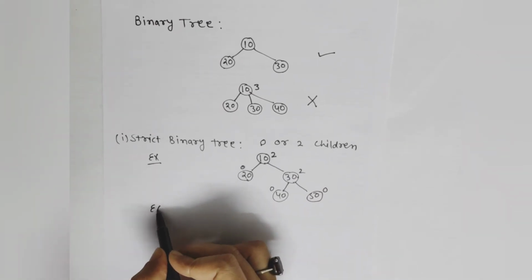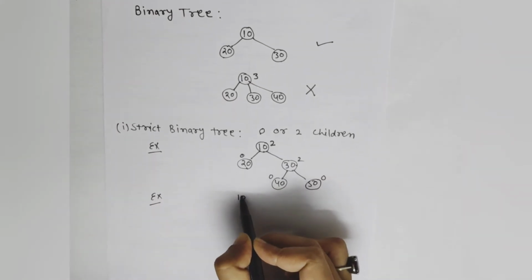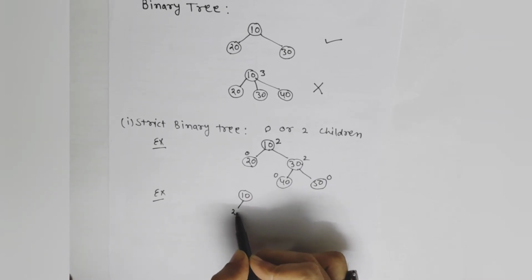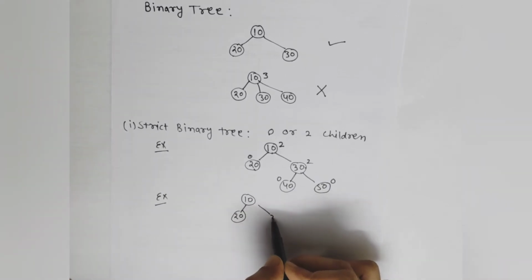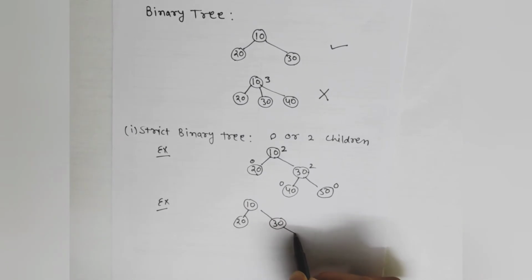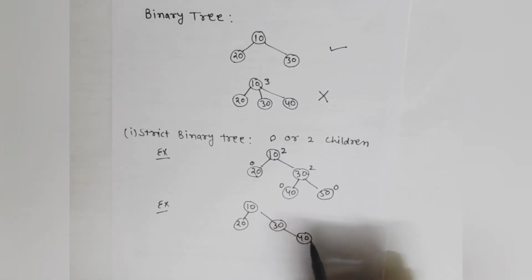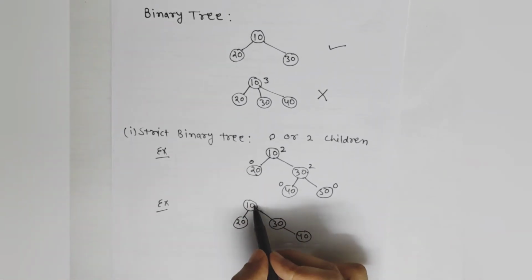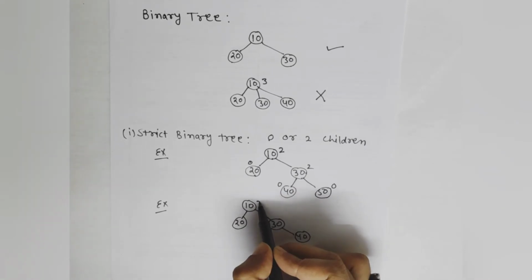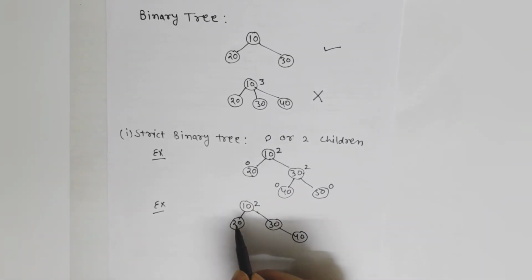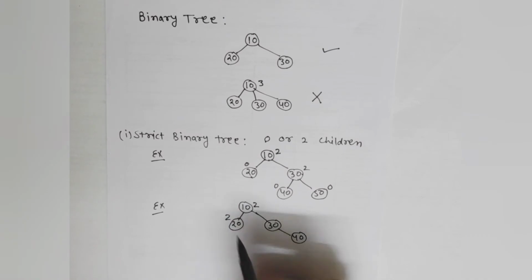Now I am writing one more example, 10, 20, 30 and 40. Again I will check. For 10 there is no problem because the degree of 10 is 2. For 20 there is no problem because the degree is 2.